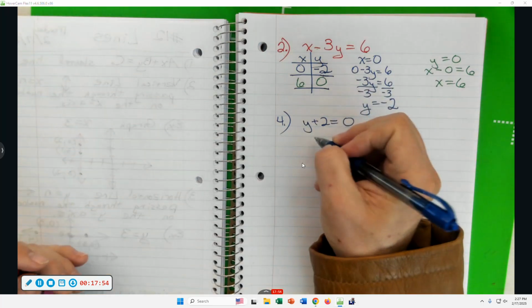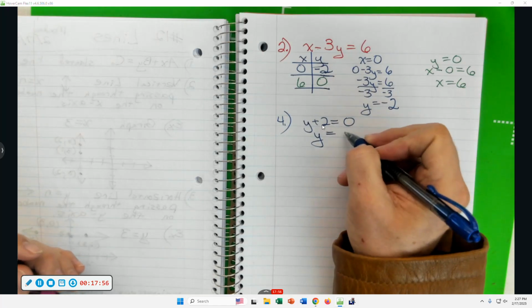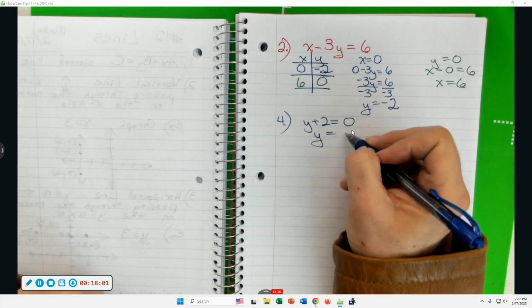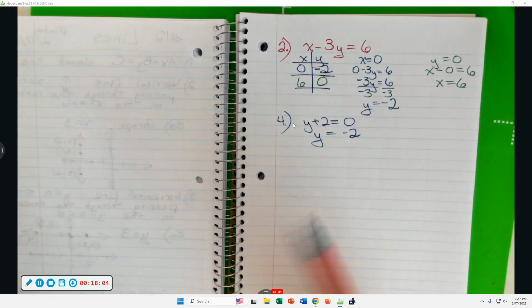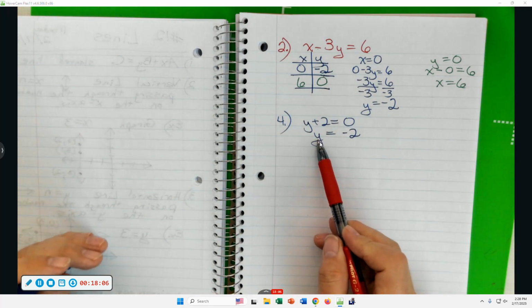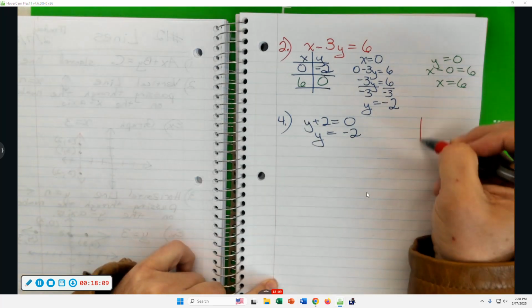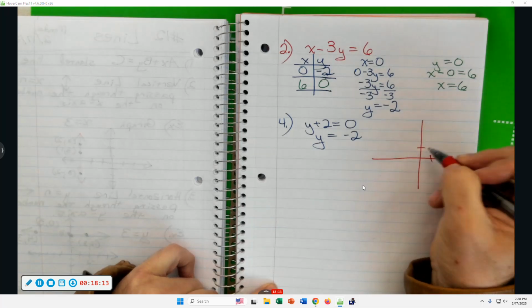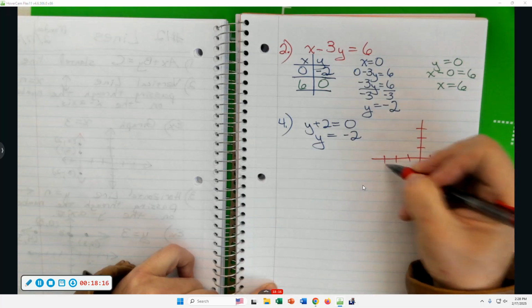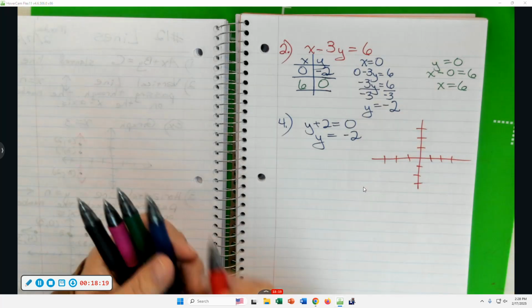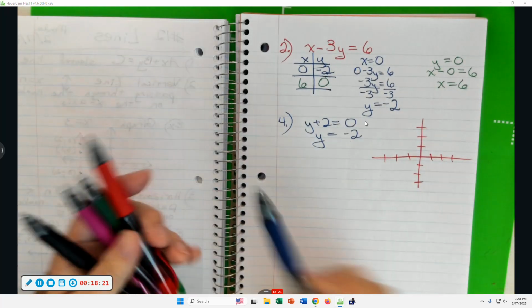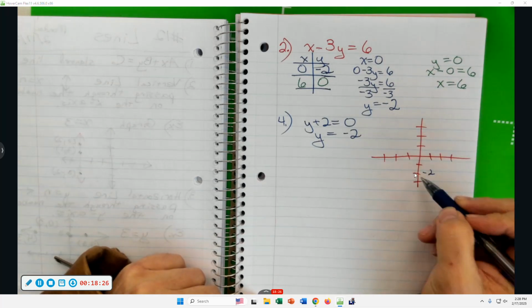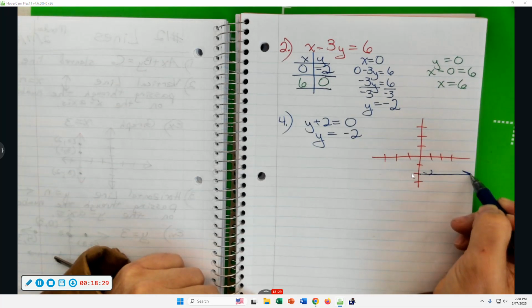So I'm going to subtract 2 to give me y equals -2. That's saying it's going to pass through the y-axis at -2, and we extend that little horizontal mark there.